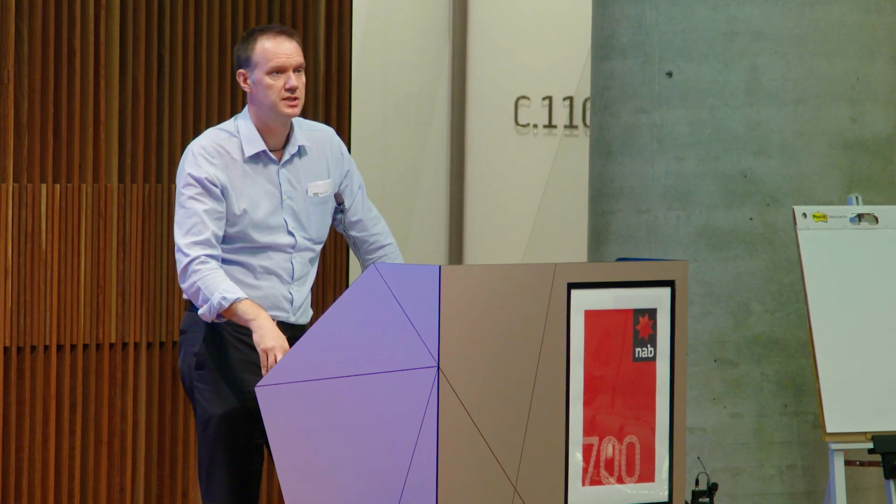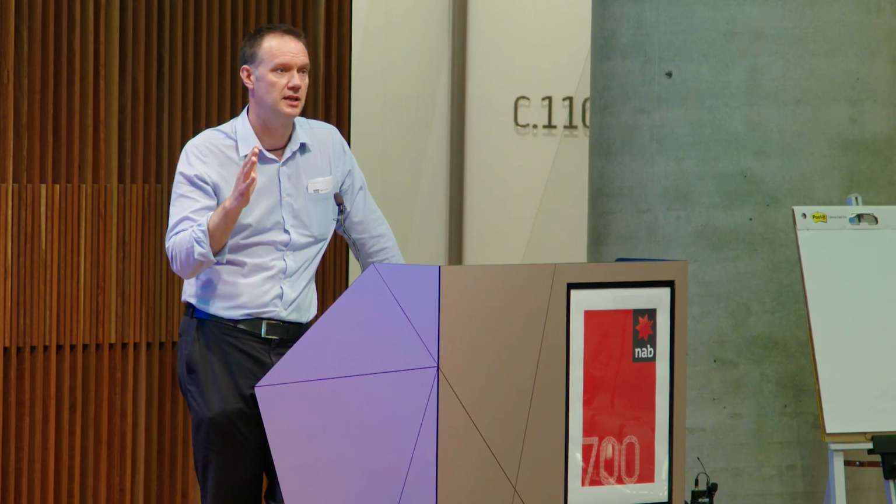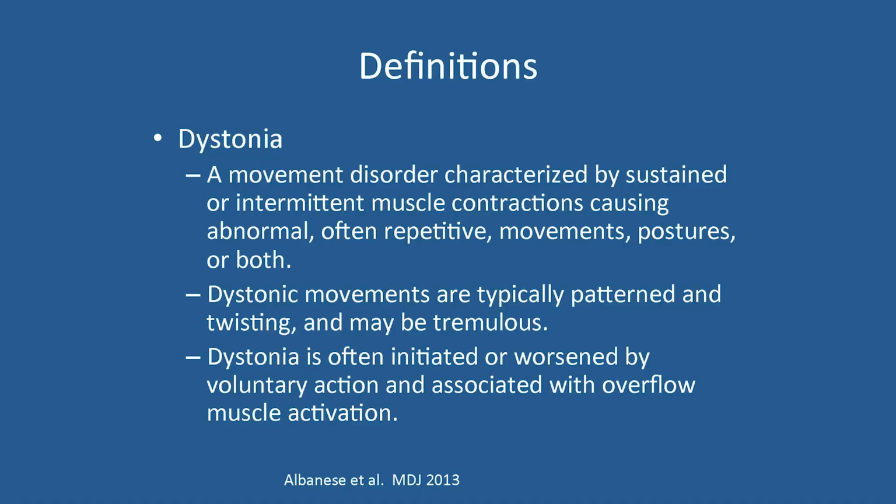If we assume dystonic or dyskinetic CP constitutes about 10 to 15% of all cerebral palsy, that's generally what people accept. Dystonia is a movement disorder with sustained twisting movements. Really, that is a dystonic posture, and this is a dystonic posture in the foot.